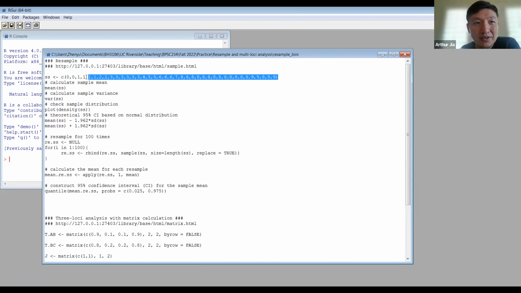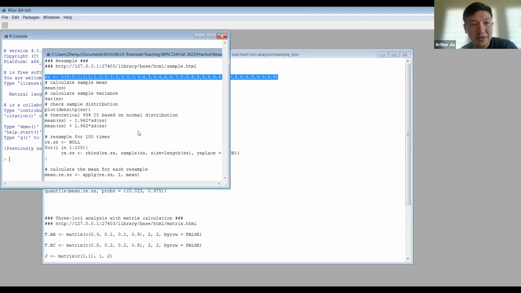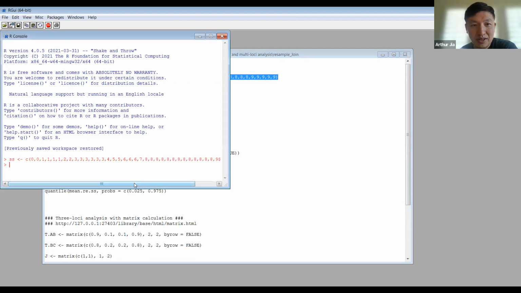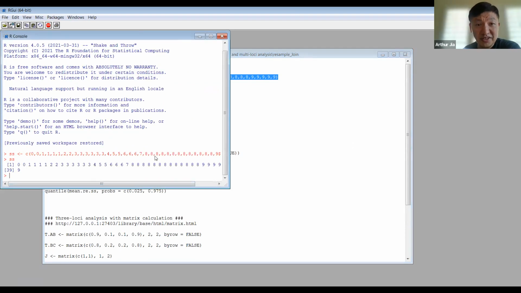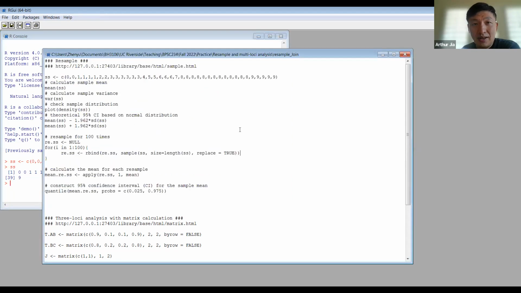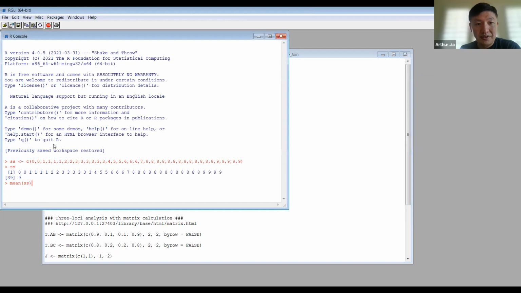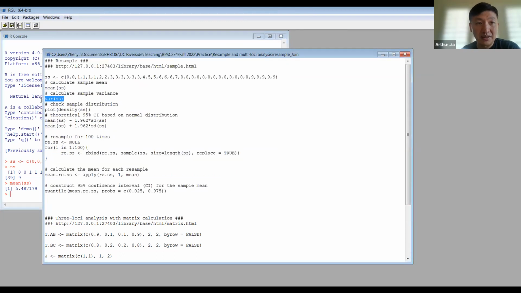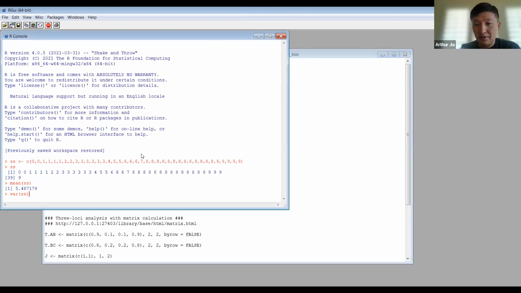For the first one, suppose this is a single sample I got from an experiment. If you simply calculate the average of this, this gives you the average and the variance.